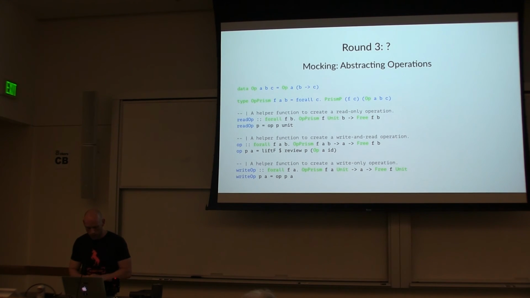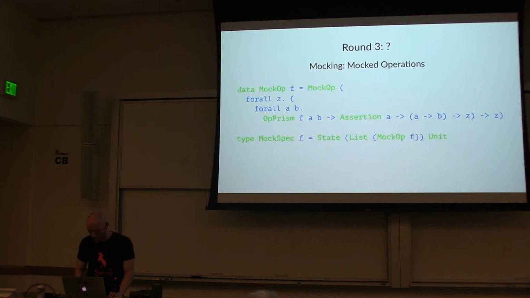By read, I mean the operation only returns something. For example, a console getLine just returns something; I don't give it anything. A write operation is only going to put something, it's not going to return anything except unit. For example, a putStrLine or write line operation is write-only, and an op is a little bit of both.